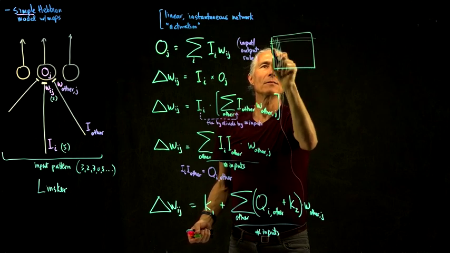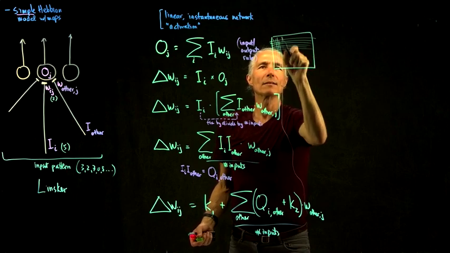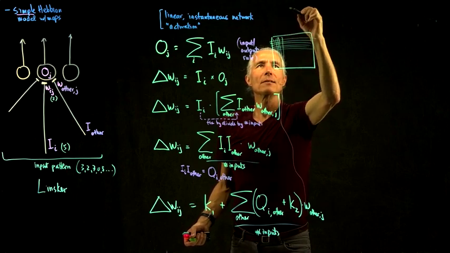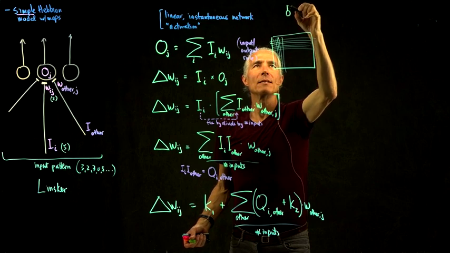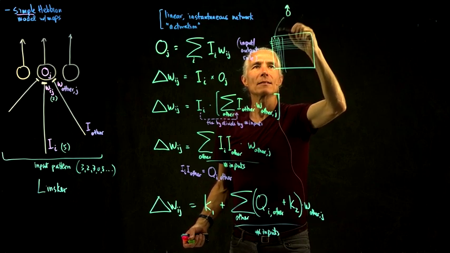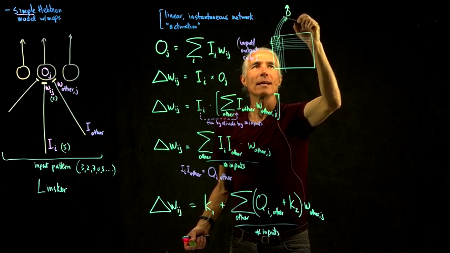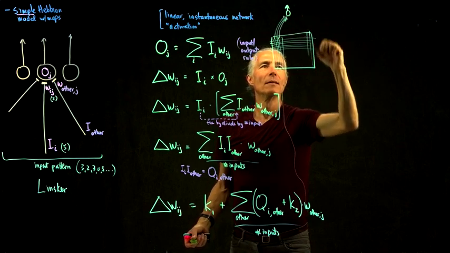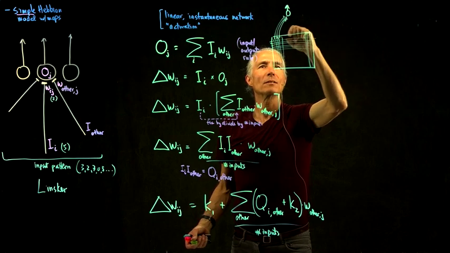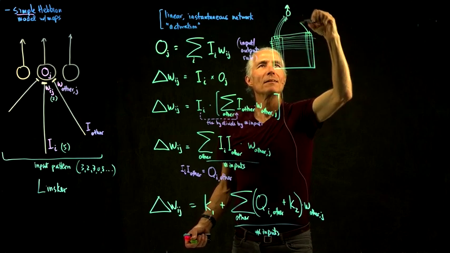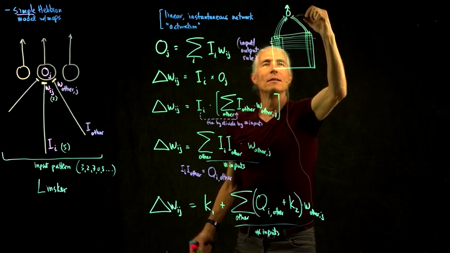There's a unit at each one of these little crosses. And say here's an output unit, and all these units project up and have weights onto that output unit. You imagine you have like a retina, and all these units project up there.